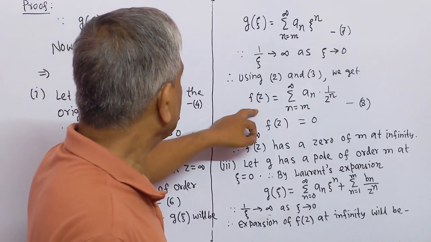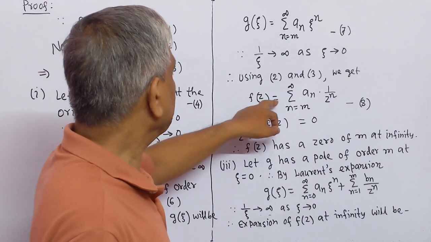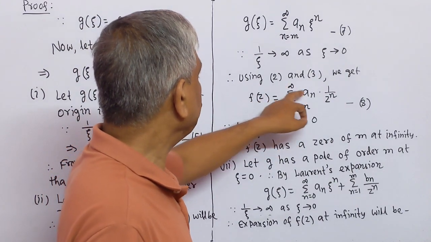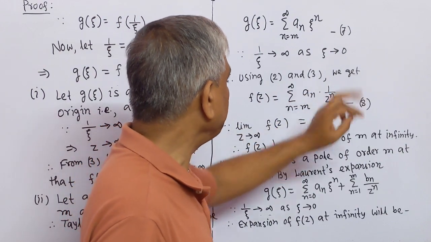Here f(z) = sigma n equal to m to infinity a_n (1/z)^n.